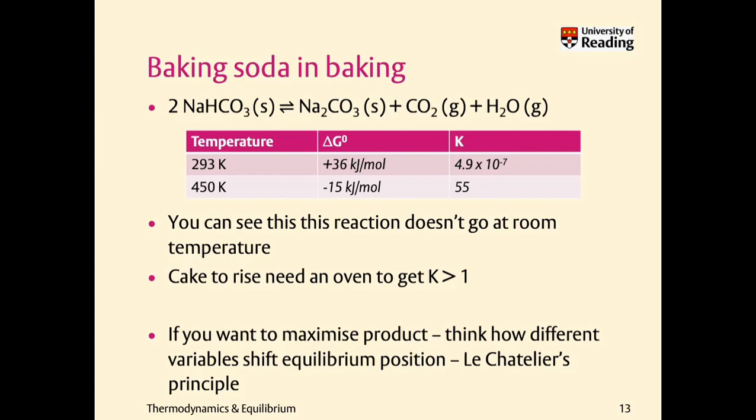If you want to maximize the product, then you need to think about how different variables shift this equilibrium position. And that is Le Chatelier's principle. So let's talk about that on the next slide.